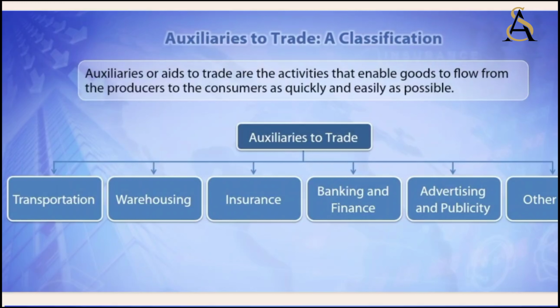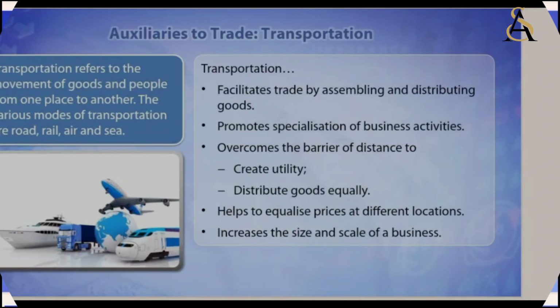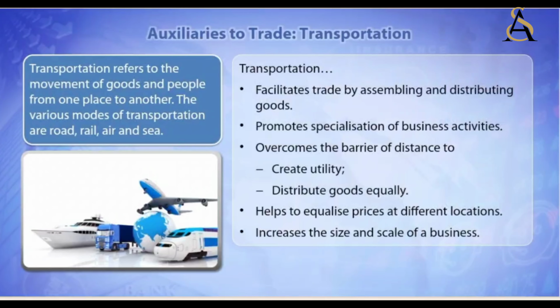There are different types of auxiliaries to trade. Number 1, transportation. Number 2, warehousing. Number 3, insurance. Number 4, banking. Number 5, advertising. Let us know each of the auxiliaries to trade in detail.